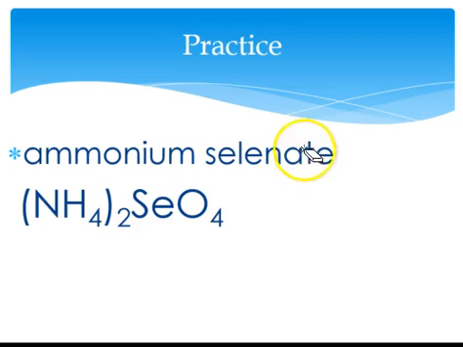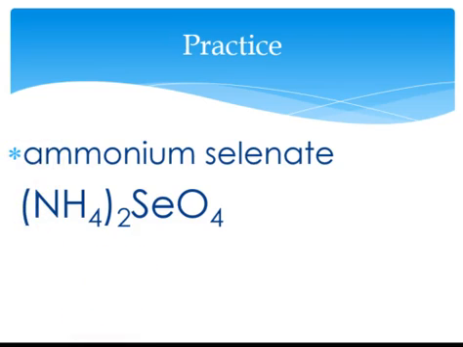So the NH4 with the plus 1 is going to give the number to the SeO4, and the SeO4 is going to give its charge to the NH4. And you'll see, just like when the ion was a negative ion, when you have a positive ion and you're giving another number, I have to put that positive ion in parentheses.